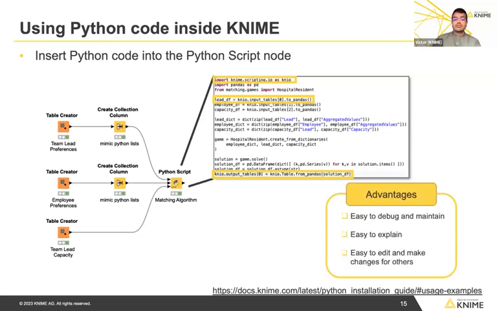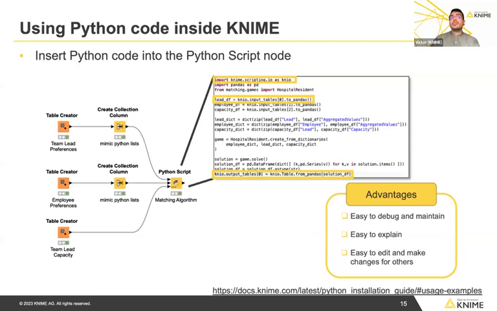Now, the advantages of this are that it's easy to debug and maintain because the code is right there. It's also easy to explain because you can just walk someone through this. And of course, you can make changes on the fly, or you can allow others to make changes to your script. Now, that might actually be a disadvantage for you, depending on what exactly you're trying to do.